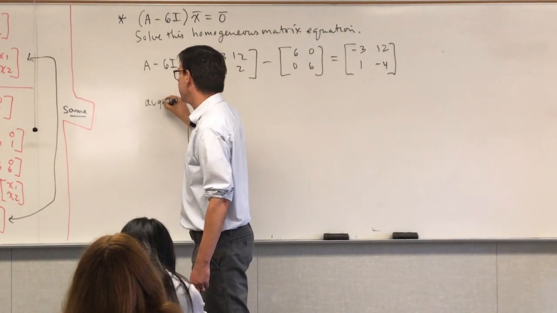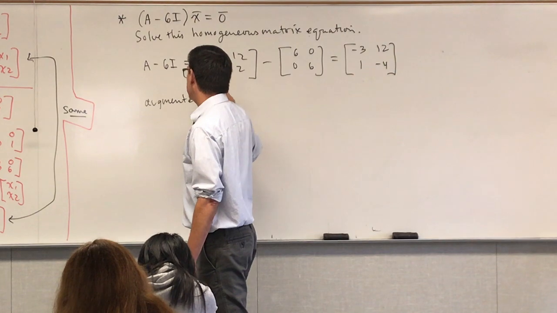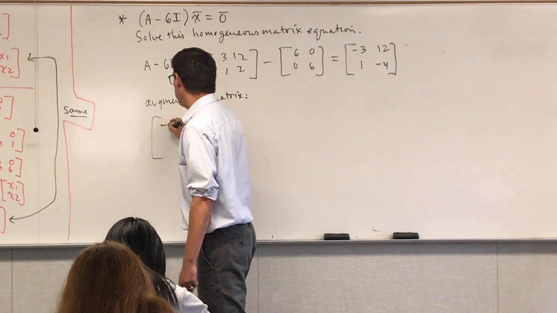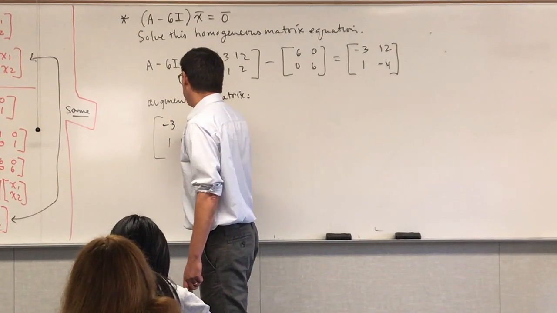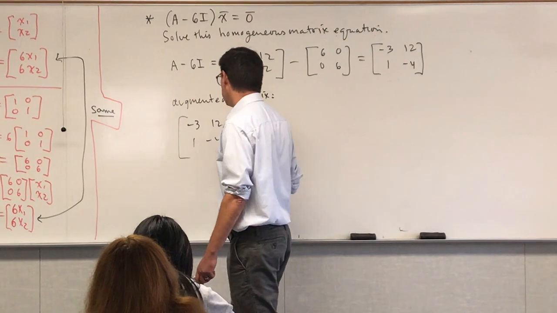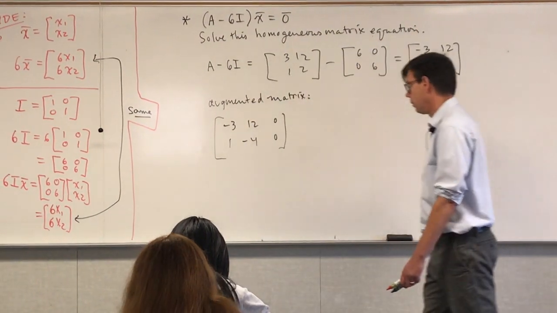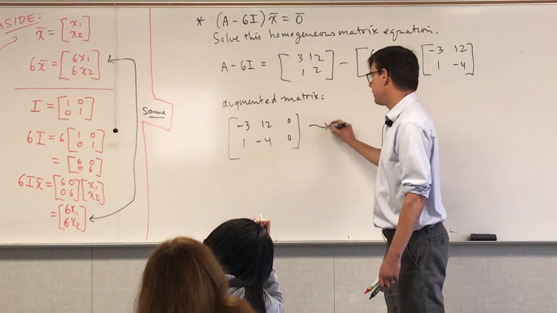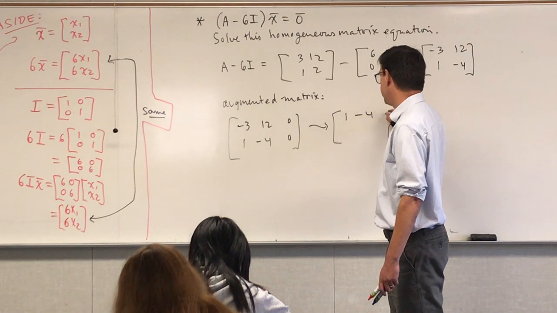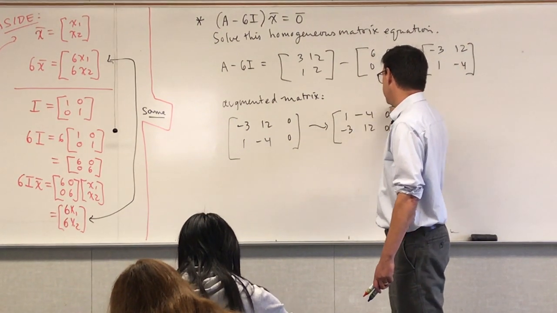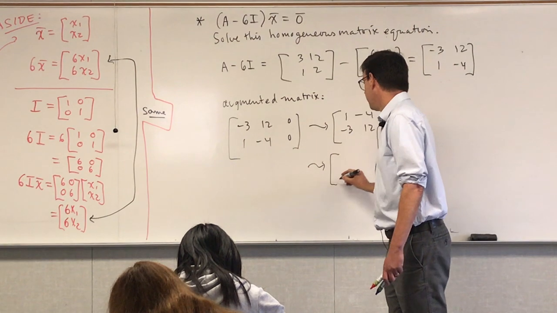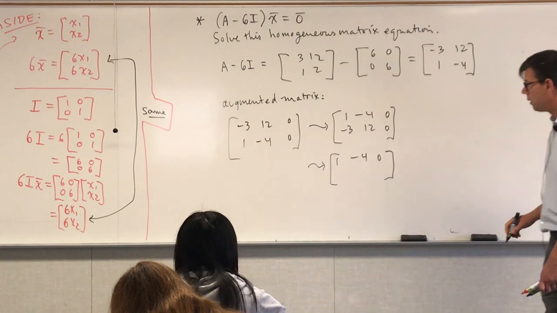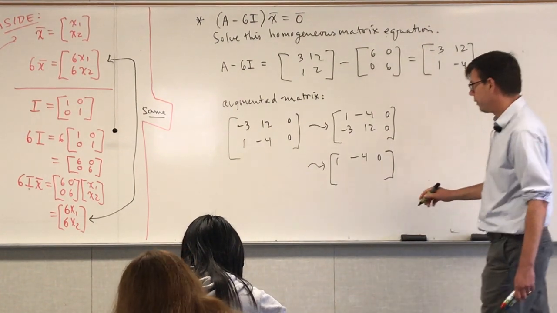So I could set up an augmented matrix for the homogeneous system: [-3, 12, 0; 1, -4, 0]. And I want to solve that system. I could interchange, leave that 1, -4 up above, and then add 3 times the first row to the second, right?